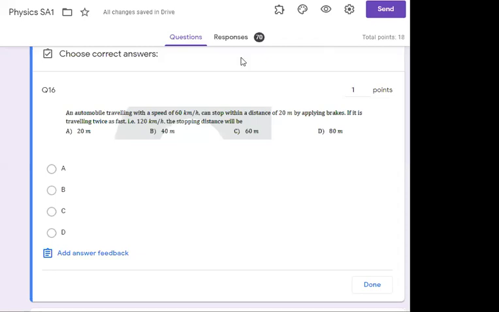Many students are giving many answers. See, guys, it's simple, right? You know that there is an initial velocity, and the final velocity is going to be 0.